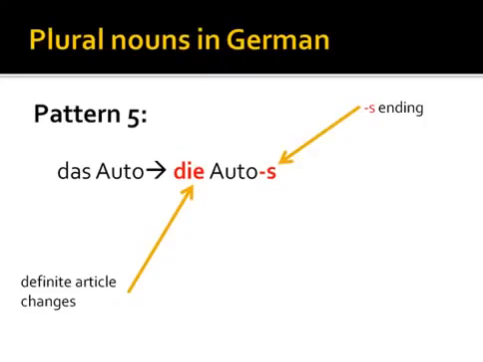That being said, the most efficient way, the best way besides being a native speaker, is to memorize these plural forms once you memorize the noun in the singular form.